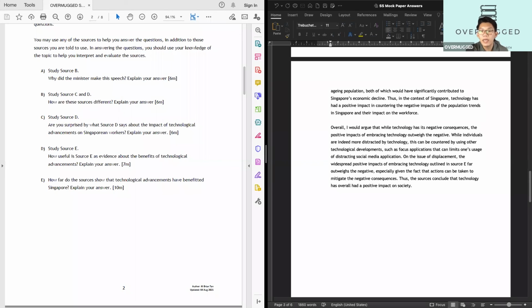Okay, to score full marks for E, you will need to write 2 disagree, 2 agree paragraphs, and then come to a balanced and reasoned conclusion in order to get the full marks. So a reasoned conclusion would be you stating a stand and then backing up the reason for your stand.